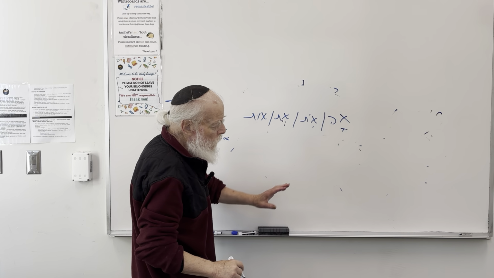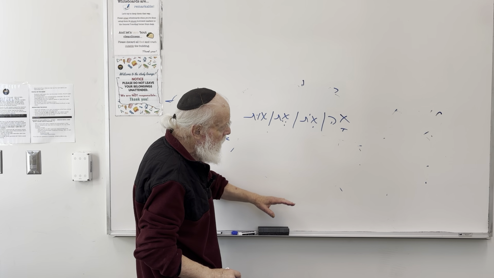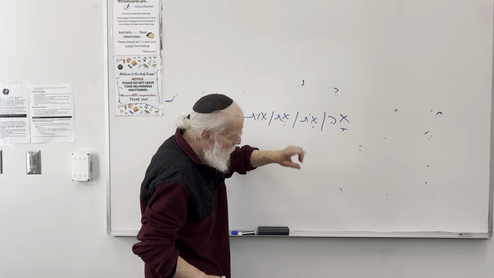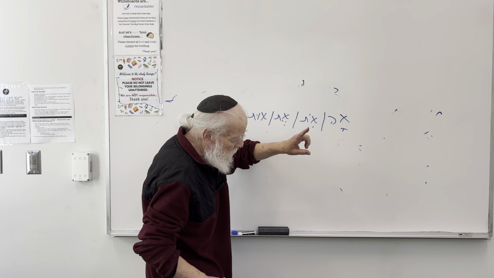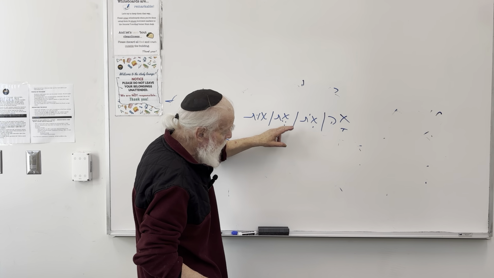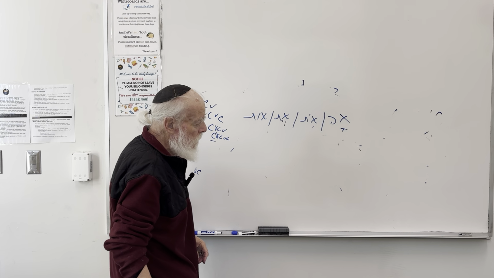So without knowing anything about the word and what it means, just by observing the spelling with vowels, a kamatz is a feminine marker, a chirik tav is a feminine marker, a segol tav is a feminine marker, a shuruk tav is a feminine marker.